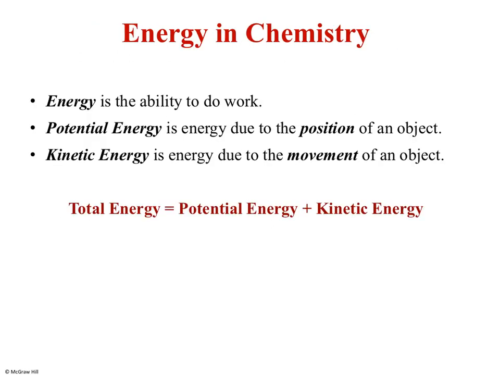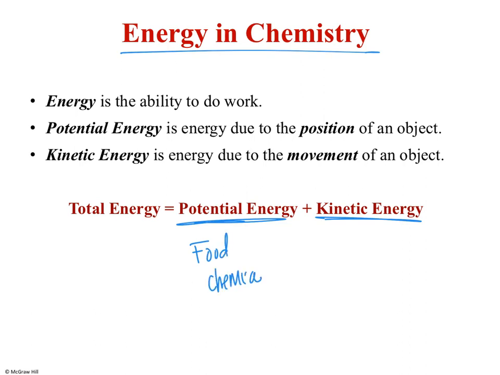I'm not going to talk too much about this, but energy in chemistry, there's 2 forms of energy, potential energy and kinetic energy, and you can change one form of energy into the other. Potential energy, like in your food, there's chemical bonds that you break. So if you eat a lot of fat, it's a lot of carbon-hydrogen bonds.